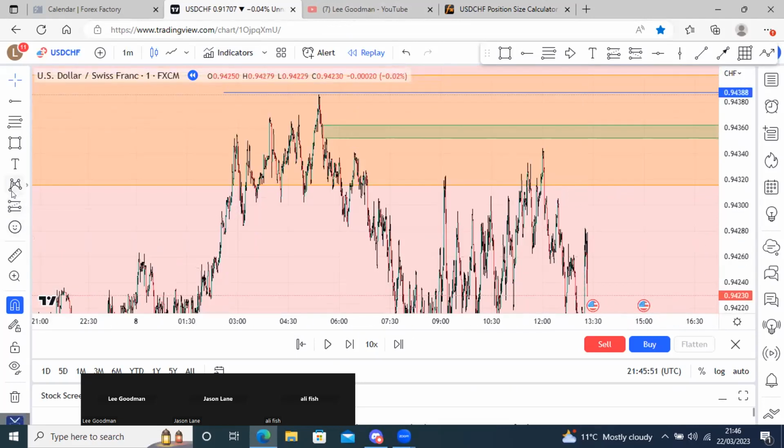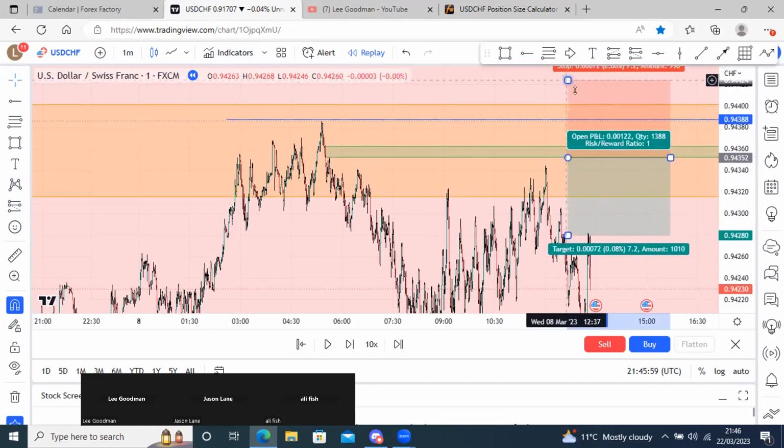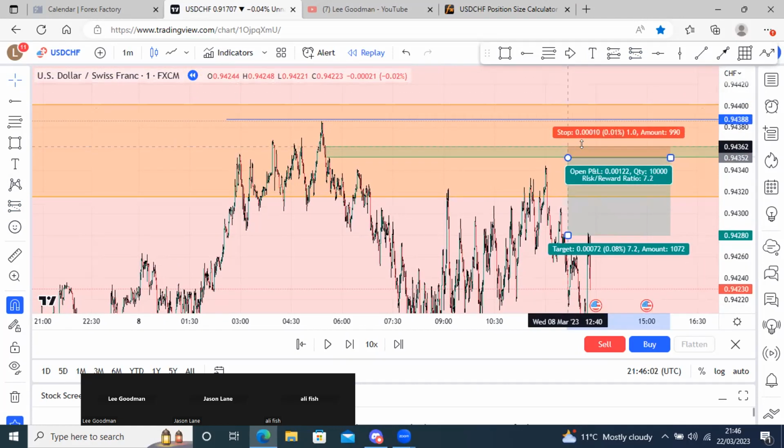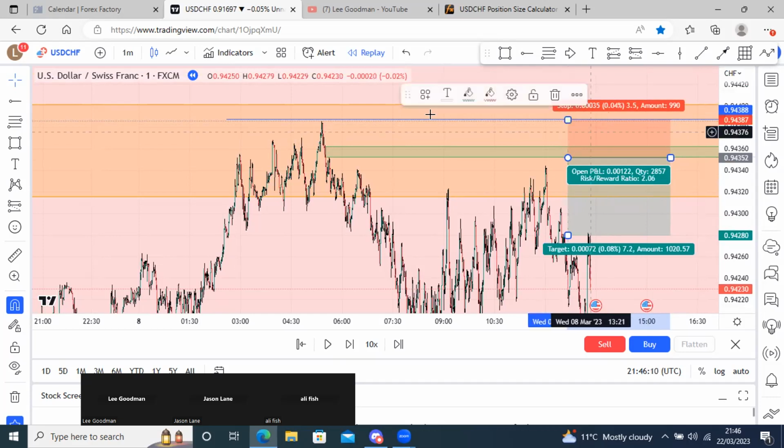I would draw... I tend to go for a 3 pip stop once anyway. I think of this one here match up for a 3.5 just to cover this high.